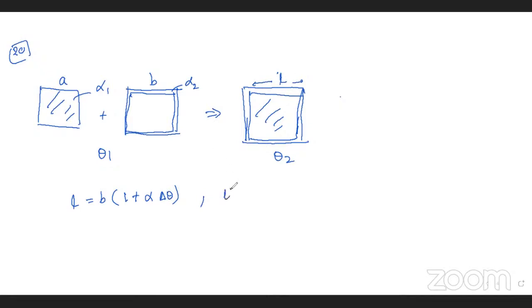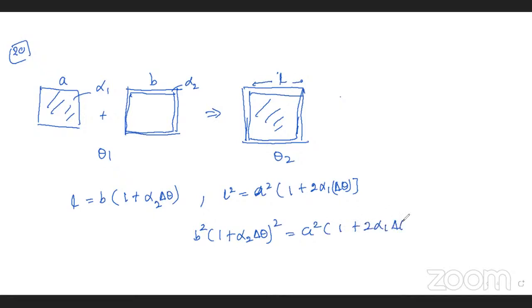Then L square equals A square times 1 plus beta delta theta, and since the sheet's linear expansion is alpha 1, beta equals 2 alpha 1. Substituting L, we get B square times 1 plus alpha 2 delta theta squared equals A square times 1 plus 2 alpha 1 delta theta.